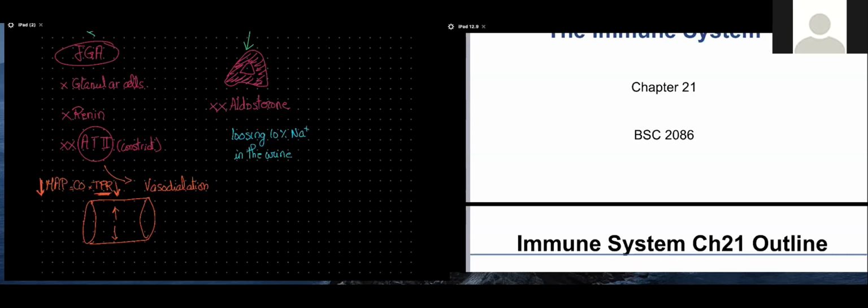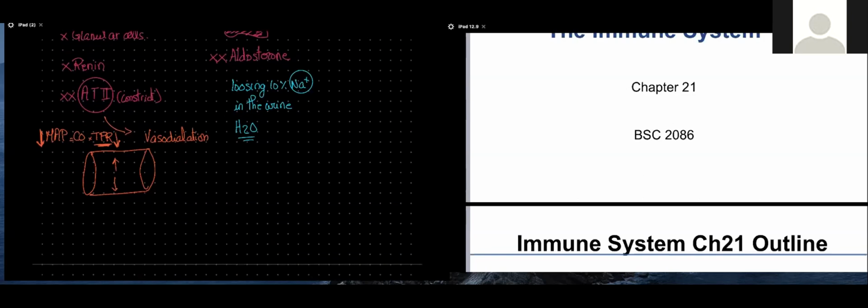And remember, what normally follows the sodium is water. So I lose more sodium in the urine, which means I am losing more water out in the urine. And if I'm losing more water out in the urine, this is going to reduce my blood volume. And as a result, I will have a reduction in my blood pressure.